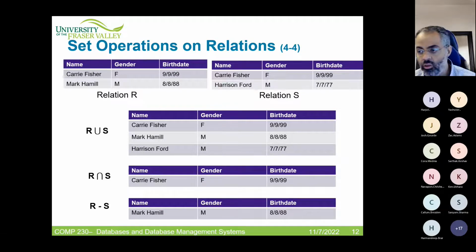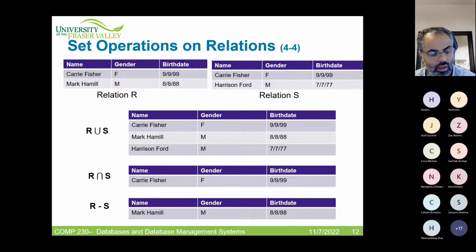The union means that you will get a combination of the records from both tables. However, at this level we are dealing with relations as sets. Later, we will deal with them as bags, not as sets.